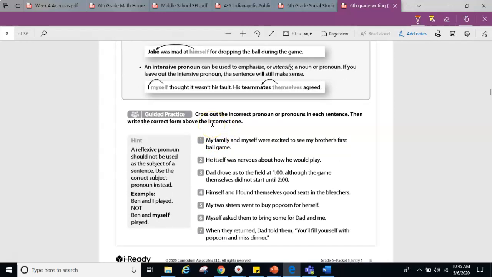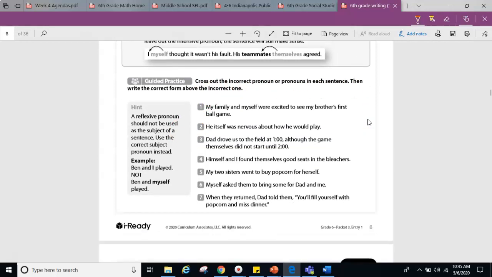All right. Guided practice. Again, left side. Cross out the incorrect pronoun or pronouns in each sentence, then write the correct form above the incorrect one. All right.